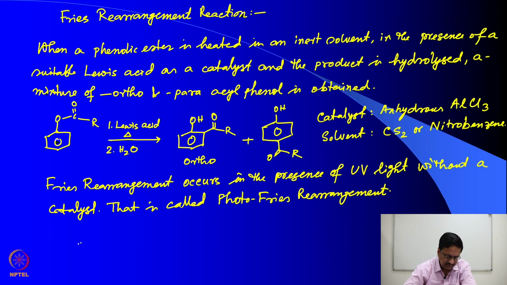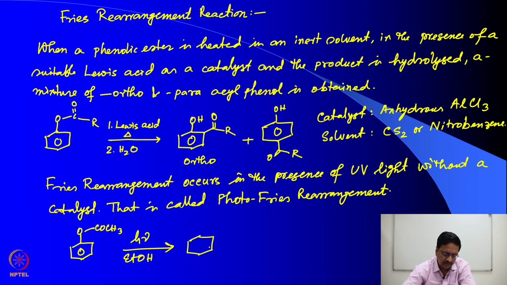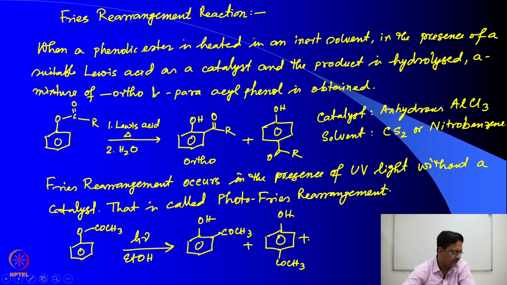So, in case of photo-Fries rearrangement, if you have this compound, use the UV light in ethanol medium and what we get is a mixture of products: the ortho product, the para product, and a side product which is just the phenol.